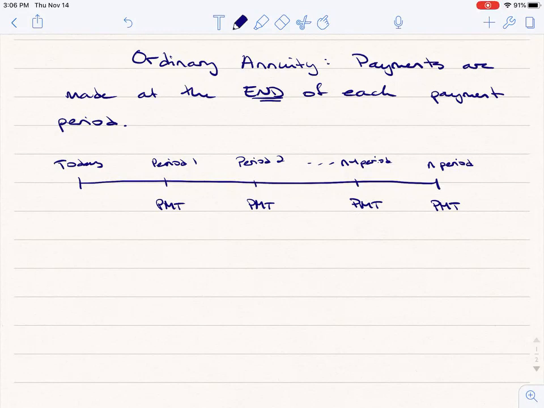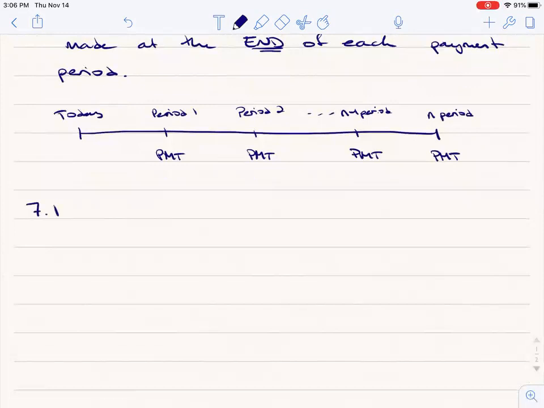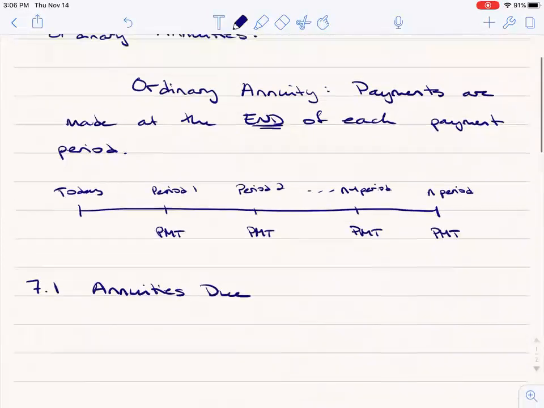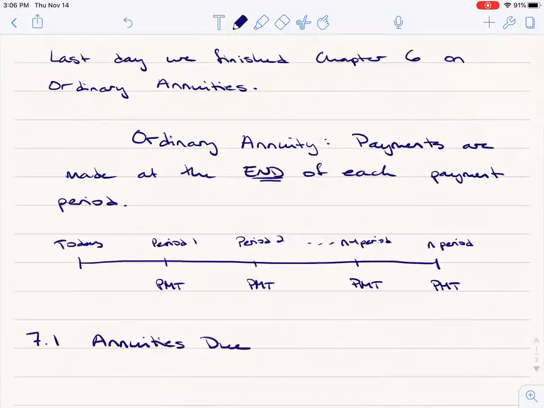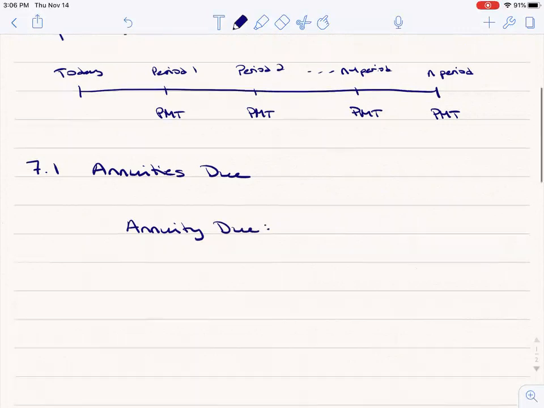So let's just remember that as we introduce section 7.1. 7.1 is on annuities due. So instead of an ordinary annuity, now we have an annuity due, and we'll do the same thing. An annuity due is when the payments are made at the beginning of the payment period.